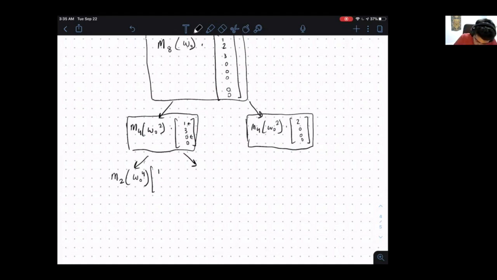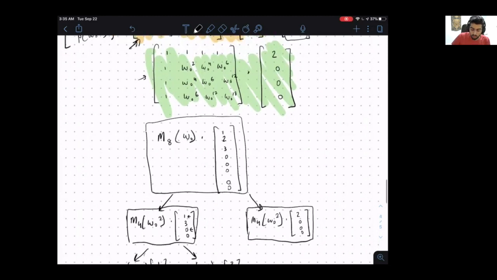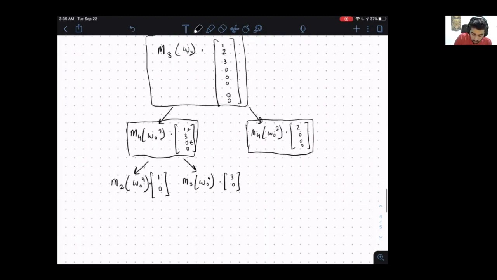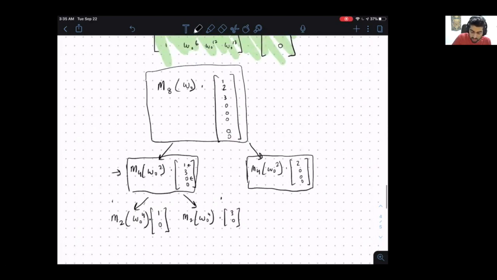So it's going to be 1, 0 on this left-hand side, and M2 of omega naught to the fourth times 3, 0 on this right-hand side. And again, we broke down this subproblem into these 2 subproblems the exact same way as we broke down the original FFT problem into these 2 subproblems.